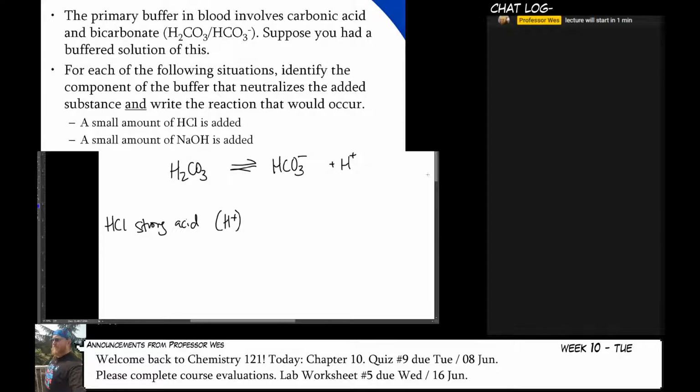Which component will react with H plus to go back to the other thing? Well, it's this one, right? It's even written right there. So if this is my strong acid that I'm adding, it will combine with my bicarbonate to form carbonic acid. And the buffer neutralizes the acid by just making more weak acid.